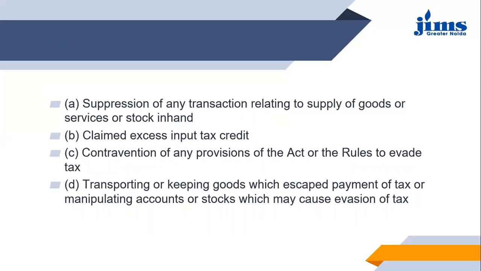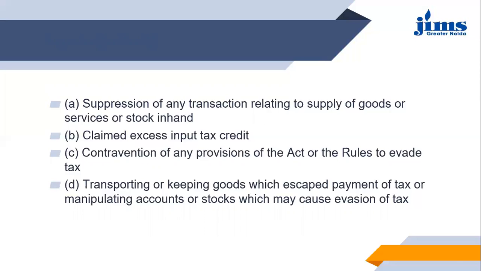Then contravention of any provisions of the act or the rules to evade tax. In any case, if it has been found that tax evasion has been done, or transporting or keeping goods which escaped payment of tax, or manipulating accounts or stock which may cause evasion of tax. Any movement of goods, like goods under transportation, or keeping or storing goods which have escaped the payment of tax, or goods moving in transport where the tax has been evaded.